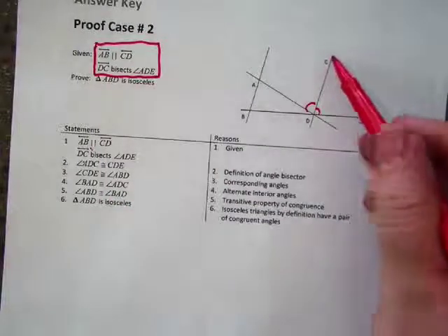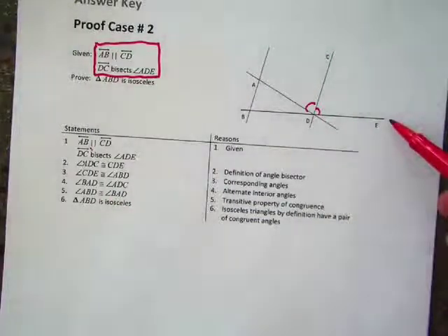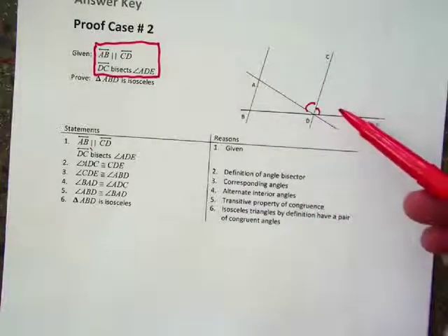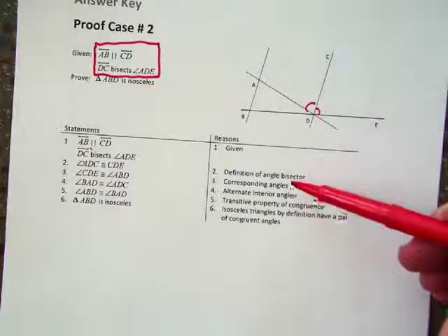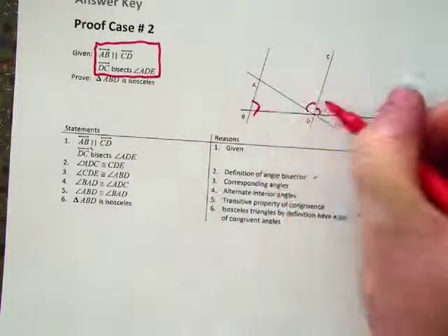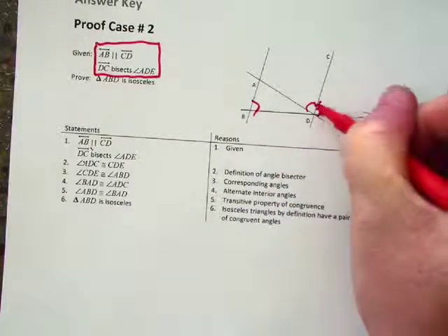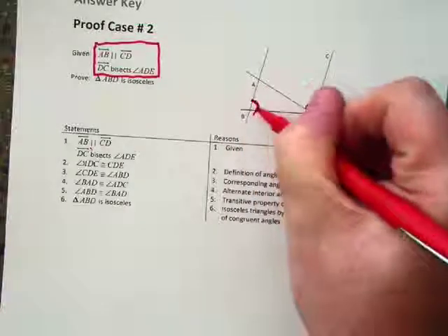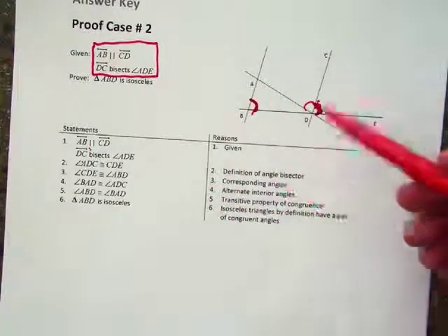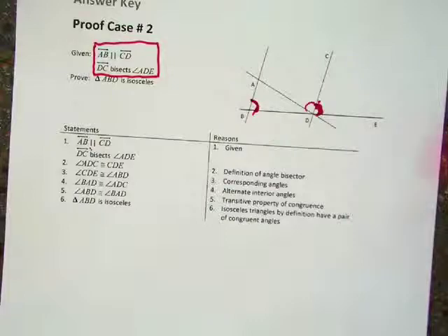Okay, so CDE is congruent with ABD. How do we know that? Because they are corresponding angles. See, we have this angle here and this angle here. Okay, so those have to be corresponding. Remember, these are two parallel lines cut by a transversal.